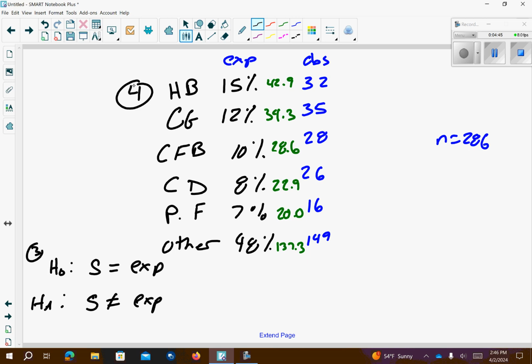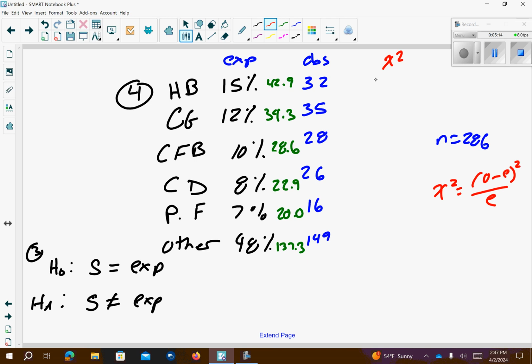And then we have to find our chi-squared. Remember, our chi-squared equation is observed minus expected, quantity squared, over the expected. So if I go through, our observed on number 1 is 32 minus our expected of 42.9, quantity squared, divided by our expected of 42.9.